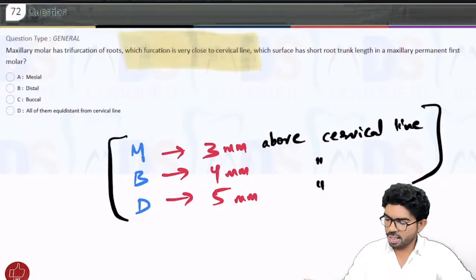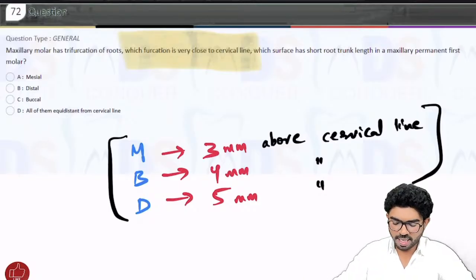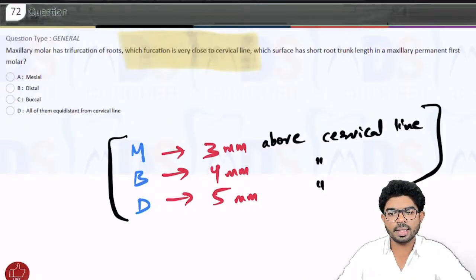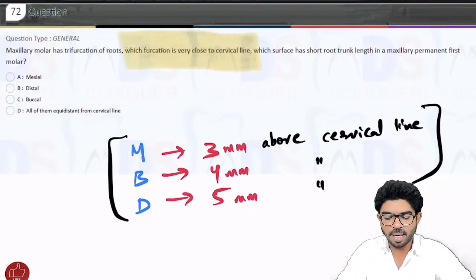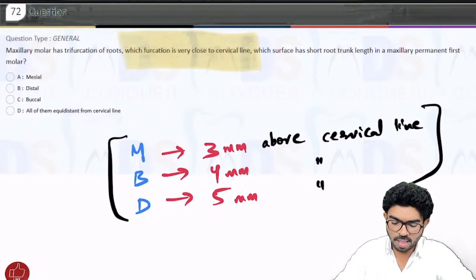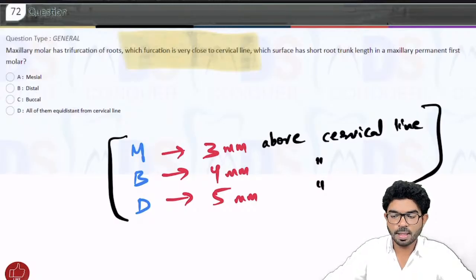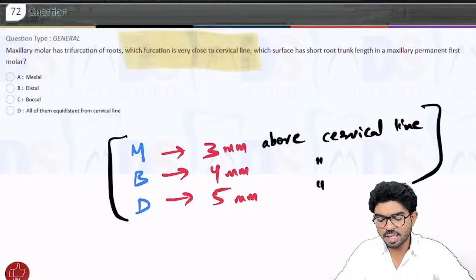Can anyone tell me, bifurcations and trifurcations are most commonly seen in which of the following teeth? Please do answer this. That particular tooth is called the enigma of endodontics.